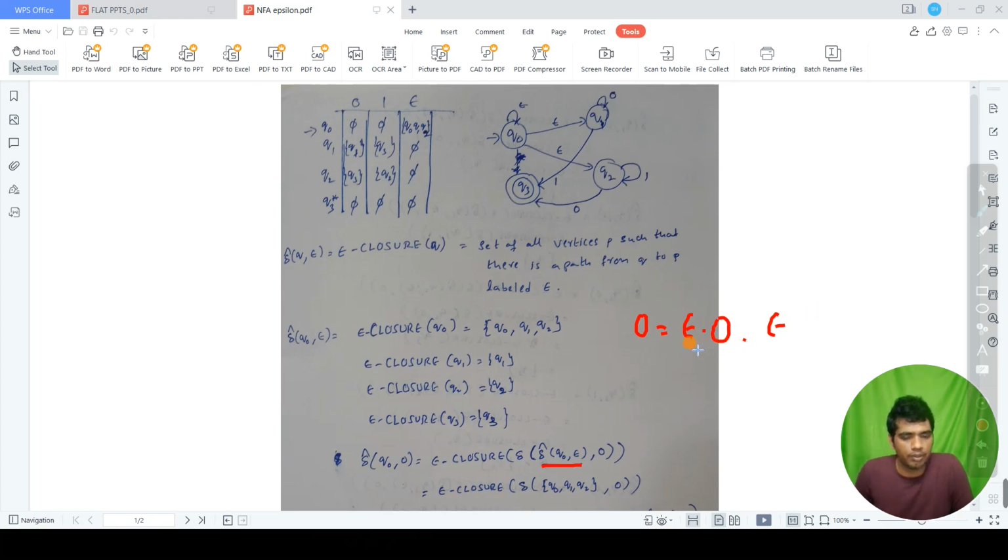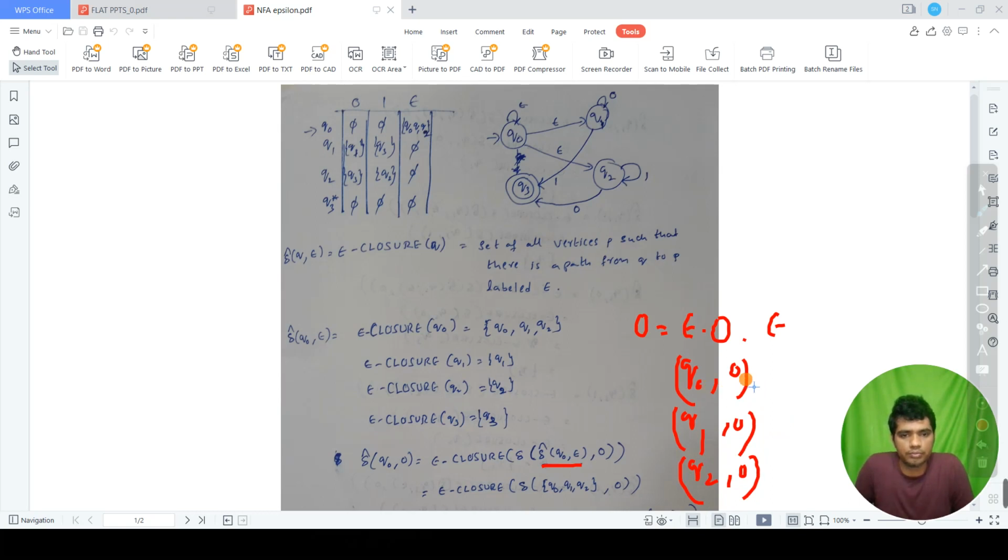So we'll compute what are the possible states from the input epsilon, and then from there we'll compute Q naught on input 0. Then from there we'll compute again epsilon closure. Okay, so here epsilon closure of Q naught is Q naught, Q1, Q2. So what we do is we'll compute next Q naught on 0, Q1 on 0, and then Q2 on 0.